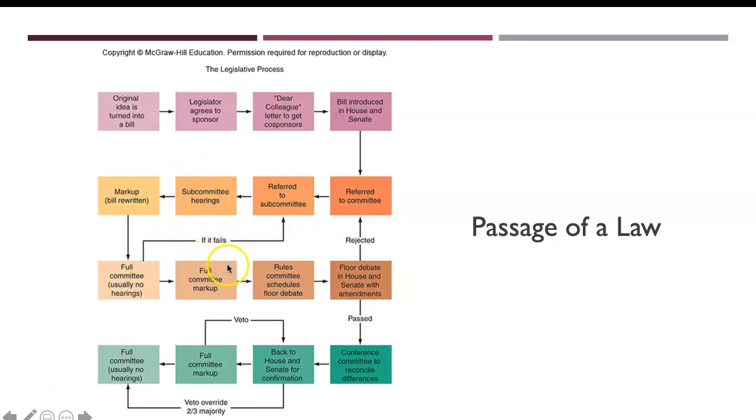If it is passed, it has to go through the floor debate in the House and the Senate with amendments, and if it's passed, you give it to the president to sign.